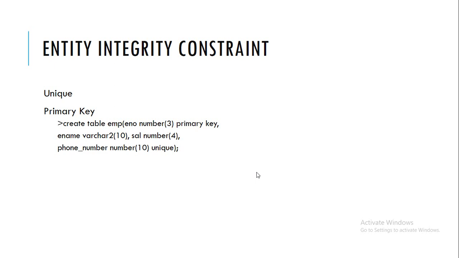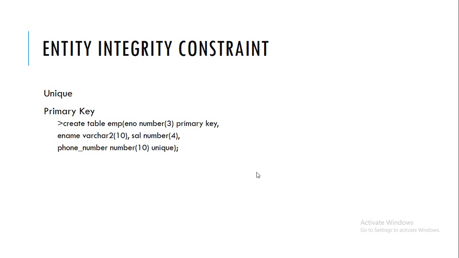The unique constraint allows only unique values to be stored in the column. Primary key means you have to enter a unique value, and it should not be a null value. In the case of unique, you can enter a null value, but in the case of primary key, null values are not allowed.